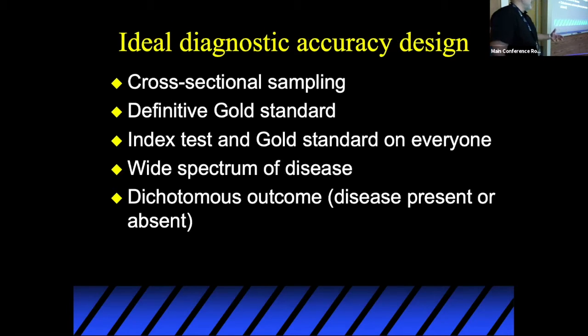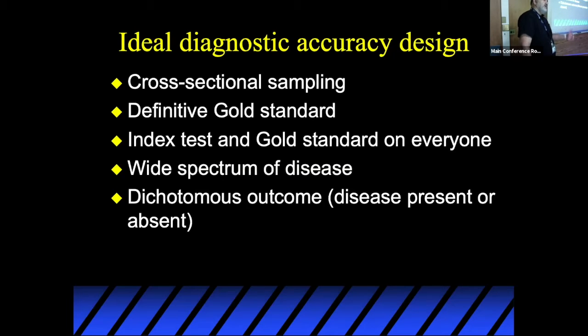So since we are going through a diagnostic accuracy paper, I just want to talk about what a good diagnostic accuracy paper design will have. First of all, the design has to be cross-sectional. The gold standard should be definitive. Everyone should get the index test and the gold standard.